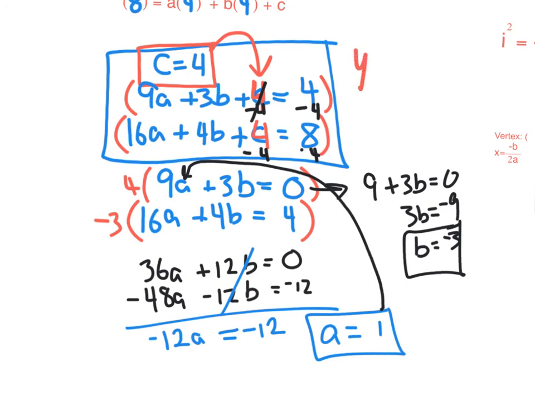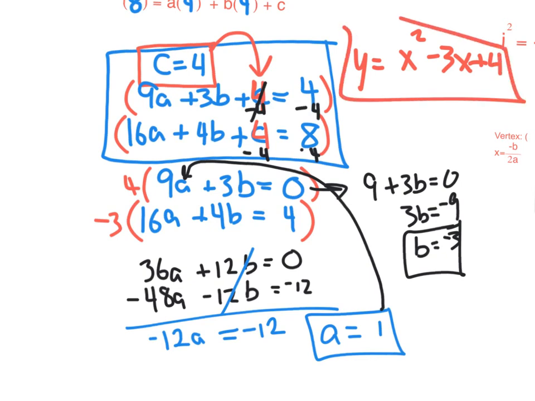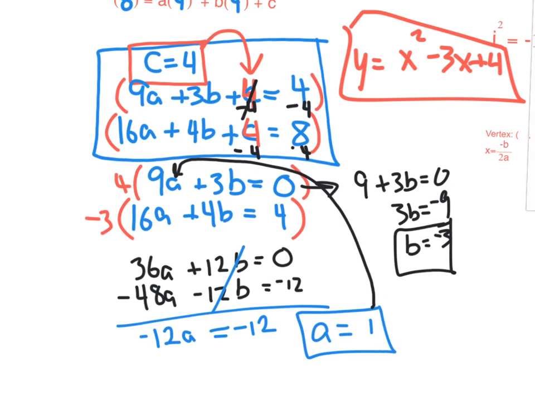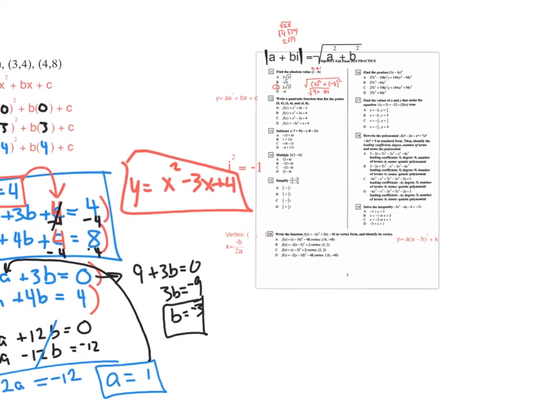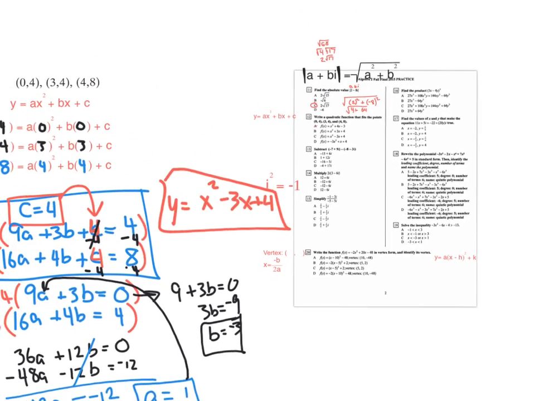It's going to be y equals ax squared, which is 1x squared, which I don't even need to write, plus bx, which is a minus 3x, and then plus c, which is a plus 4. So, ladies and gentlemen, that is my answer right there for number, what number was that? So let me go back over here to show you number 12. So that's my answer for number 12.